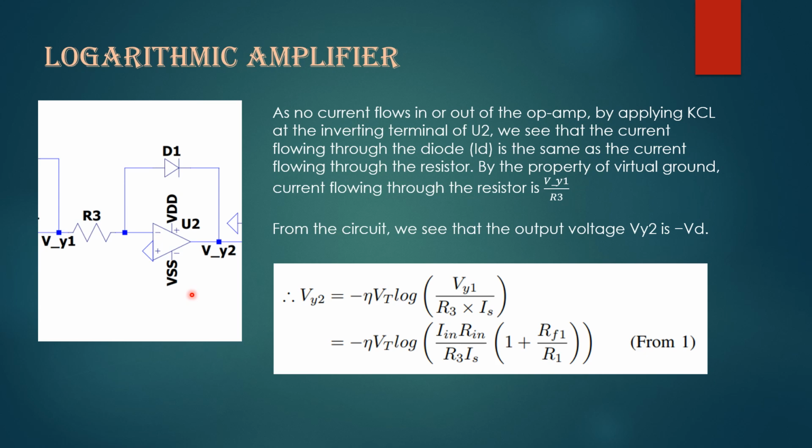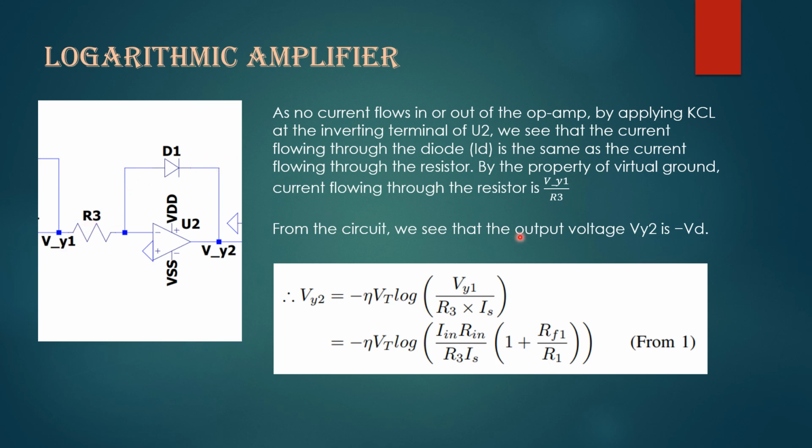One of the main characteristics of the op-amp is that no current flows into or out of the op-amp. So the current flowing here will only pass through the diode, not through the op-amp. From the concept of virtual ground, the voltage here is 0 as this is grounded. So the current flowing here is Vy1 by R3, and the current flowing through the diode is also the same, Vy1 by R3.